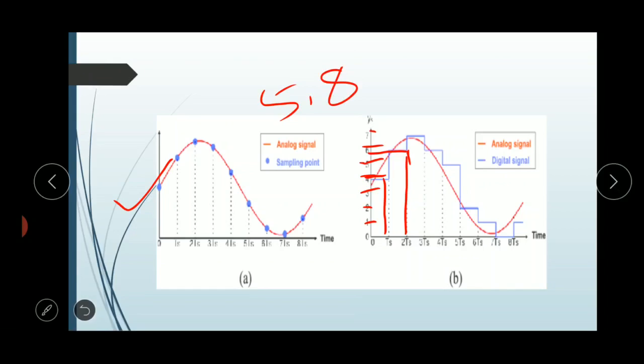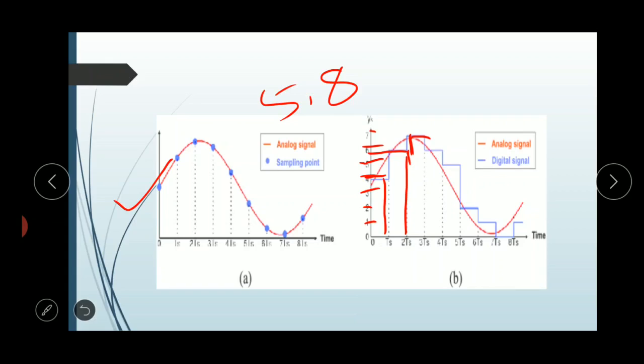Because of that, the step is increased, and the signal is drawn like a step after approximation. Here we just rounded the value to its nearest value. If the actual value is 5.8, we round it off to 6.